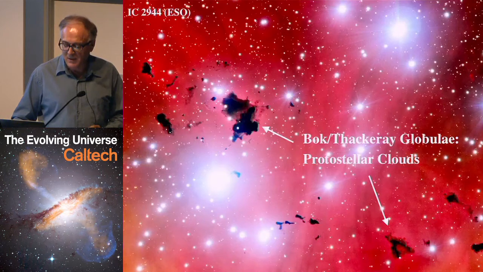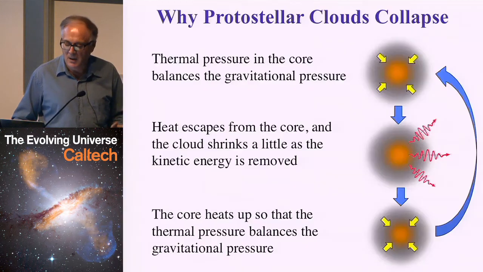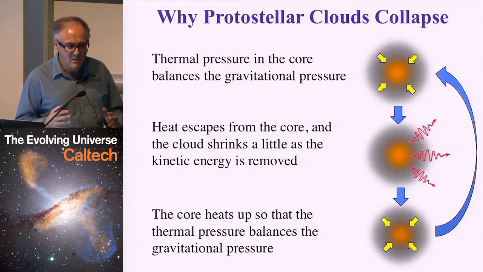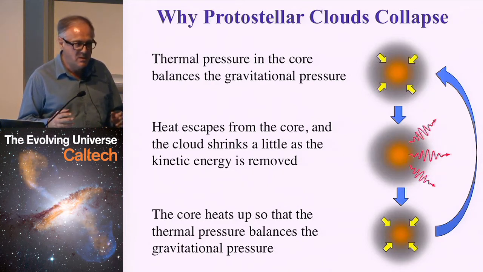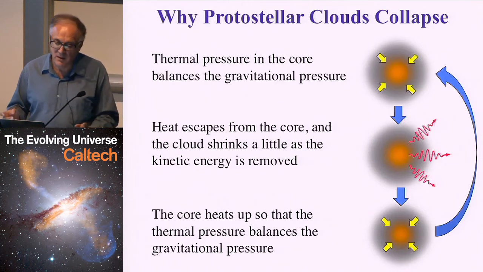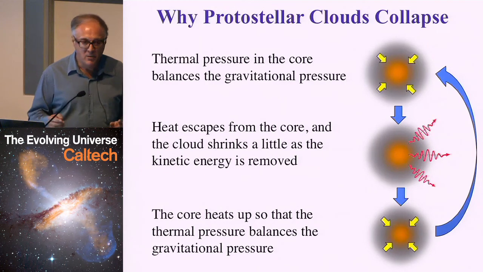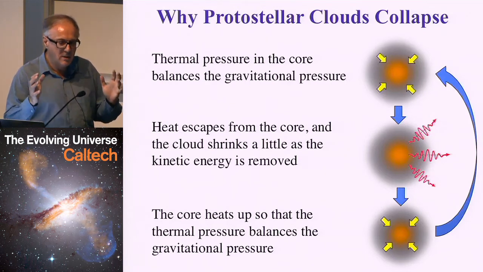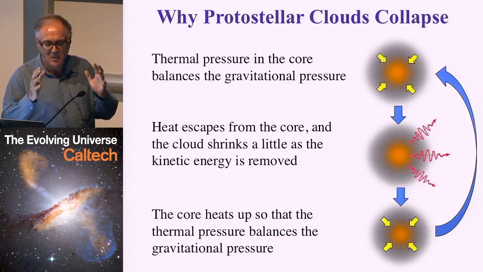So the question then is, why do these clouds collapse in the first place and make stars? The process of this is called core collapse, and it's intrinsic to all physical systems that are bound by gravity. In fact, it would be the case for any attractive interaction. And it works like this. So you have a cloud of gas, and it's in some equilibrium.